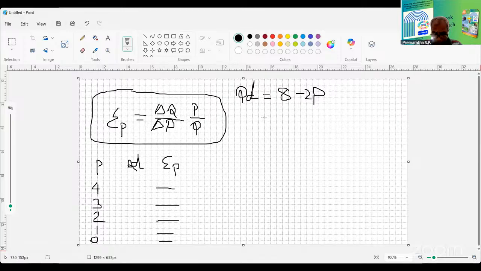And after that, draw the demand curve. Once you get the demand curve, you have to properly draw each point. For example, price $4, and map the point where the price is $2.